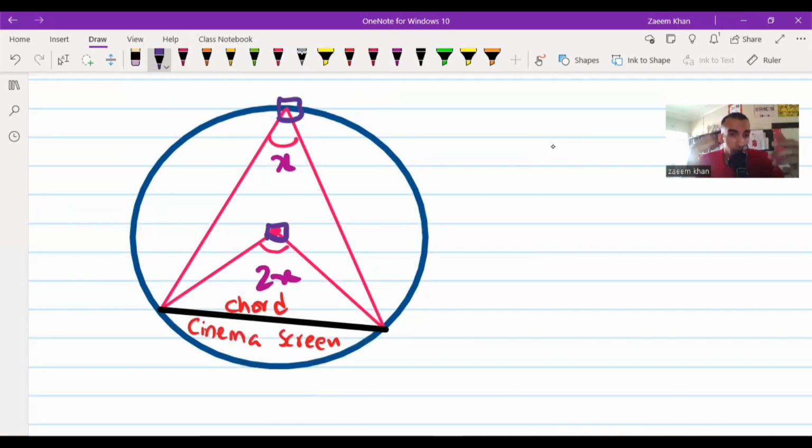What's the angle size going to be of the guy sitting at this point, which is the center O, and the guy sitting at the circumference of the circle? What relation can I make between their angles, the angle that they're able to watch the screen at?